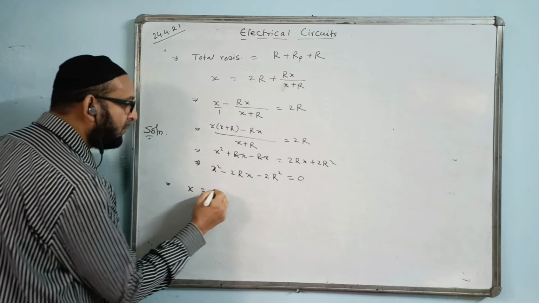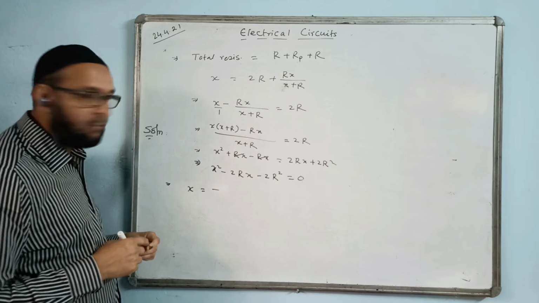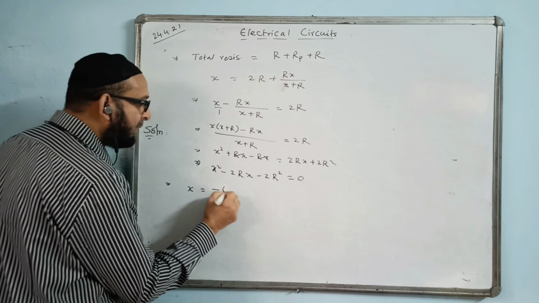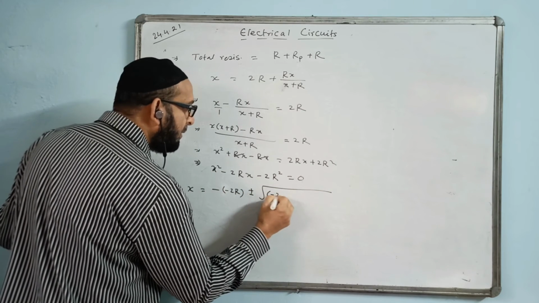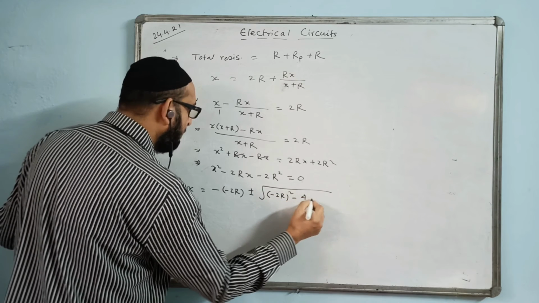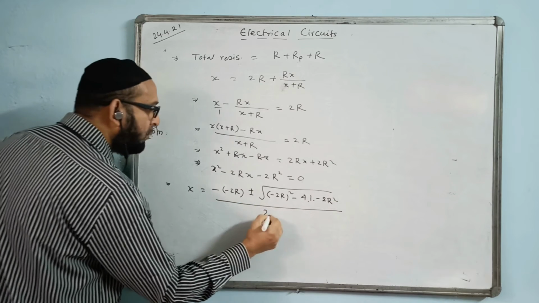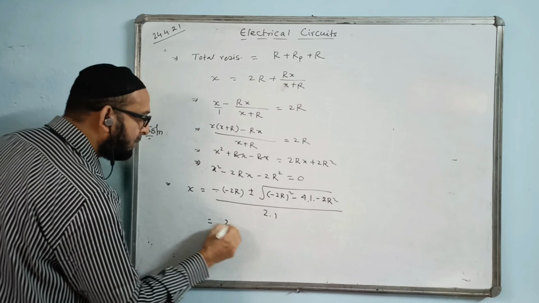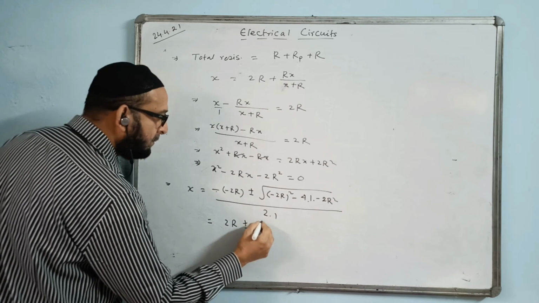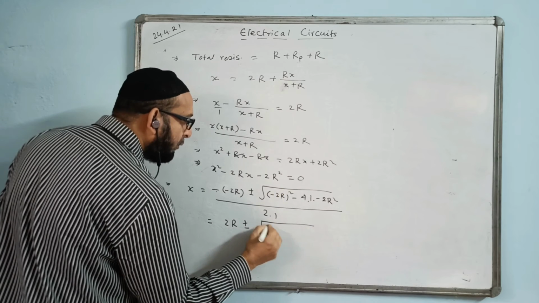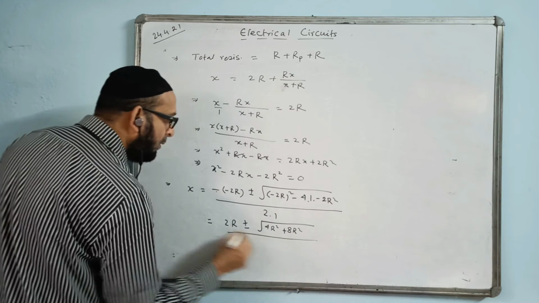So x is equal to the formula minus b plus minus root b square minus 4ac upon 2a. The b value is minus 2r, so minus 2r, plus minus root of b square, minus 2r whole square, minus 4ac, 4 into 1 into minus 2r square, by 2 into 1, that is 2a. So minus minus is plus 2r plus minus, this is becoming 4r square plus 8r square upon 2.